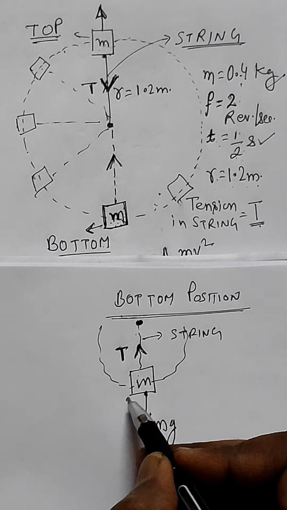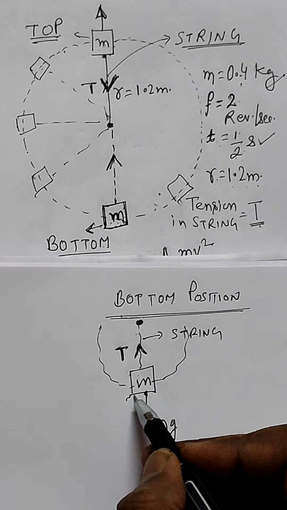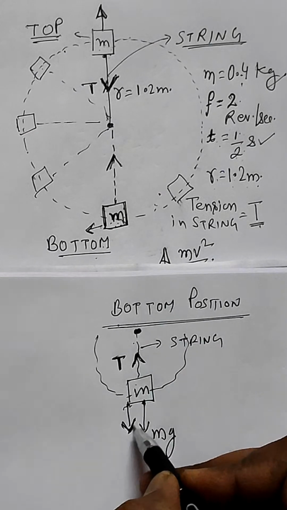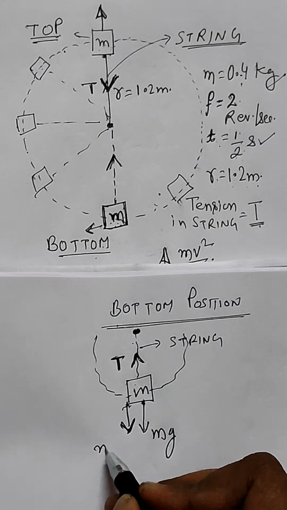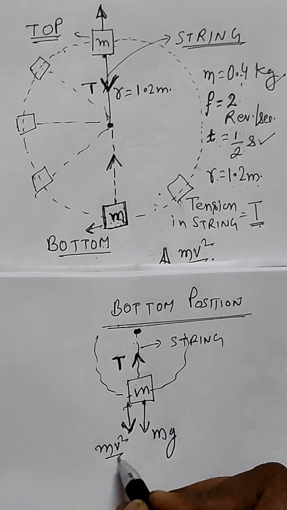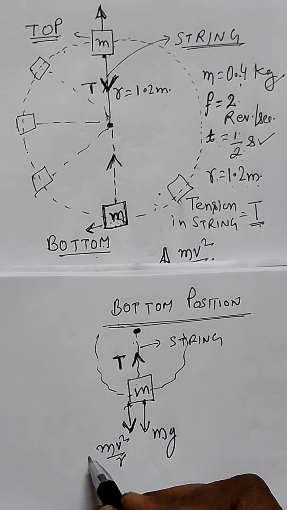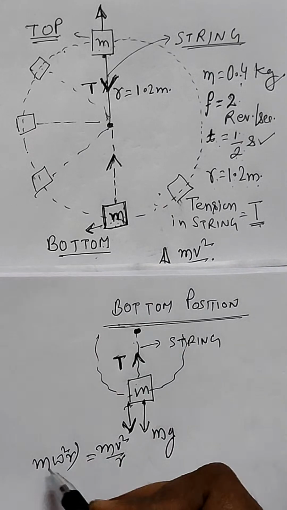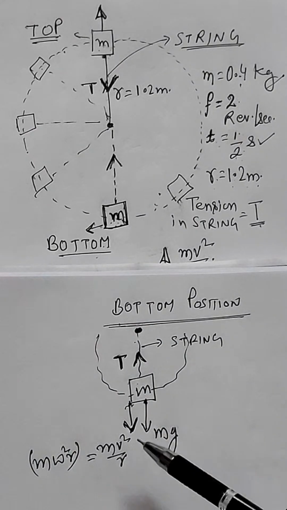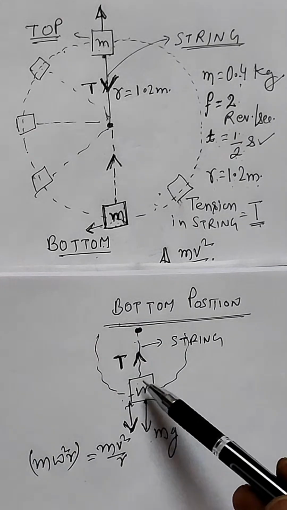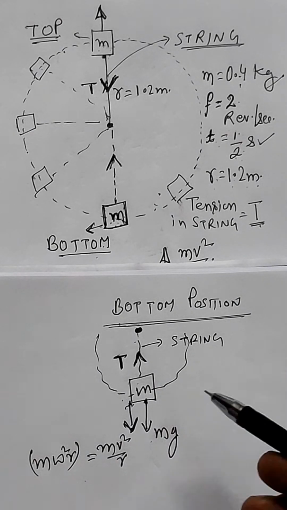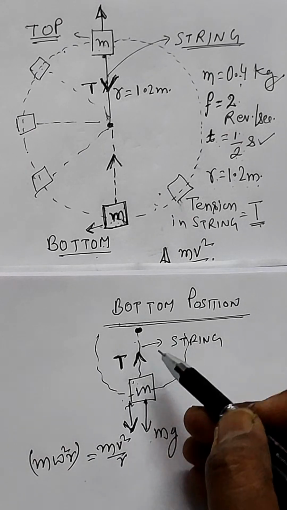Another component will be the centrifugal force, that is mv square by r, and you can also write it as m omega square r. So these are the three forces acting on this body.